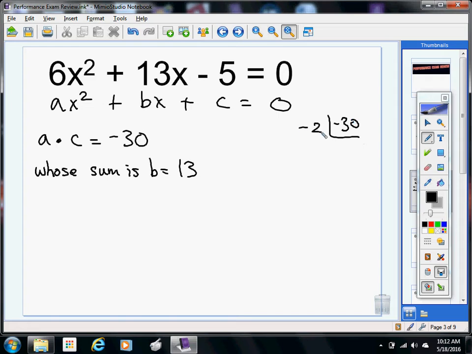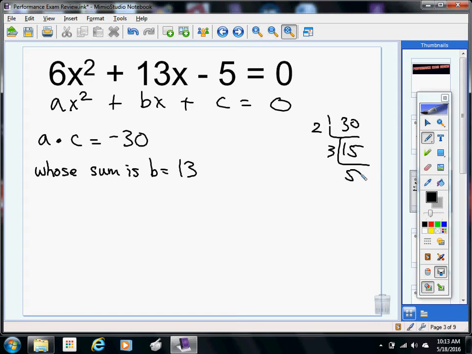So 2 goes into there, and I don't have to do -30. I can just do the factors of 30, and then change the signs of them on the other end. So 15, 3 goes in there 5 times. Now I use this as a way to find the factors of -30 that add together and give you 13. Guys, you have to find them.